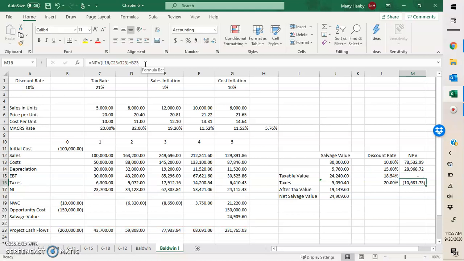The same formula is used for all of these. We're just using different discount rates. So at 10%, or any required rate of return less than 18.54%, we would accept the project. Anything greater, we would not accept the project because we would have a negative NPV. So that's it for the Baldwin Company example.